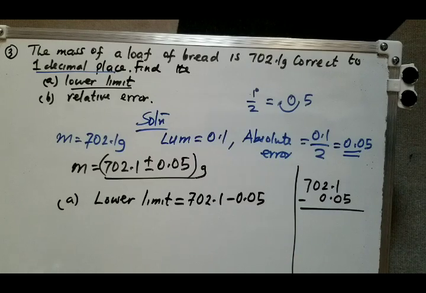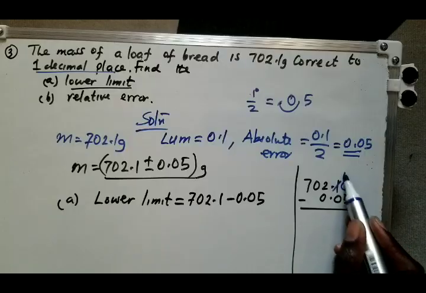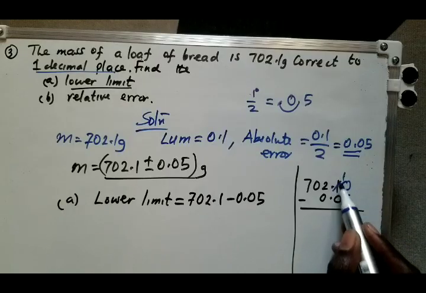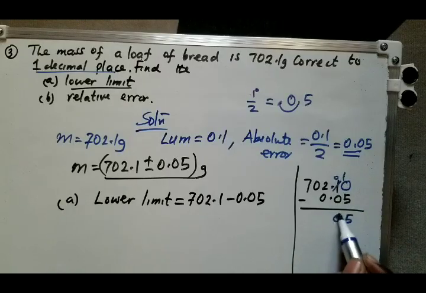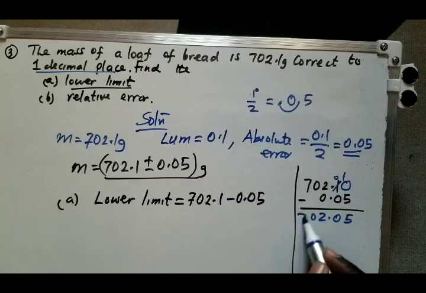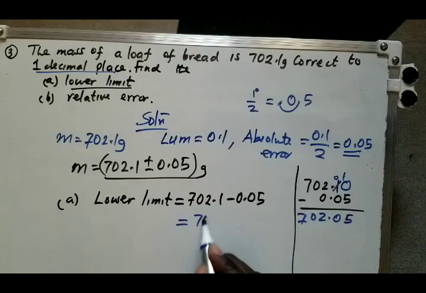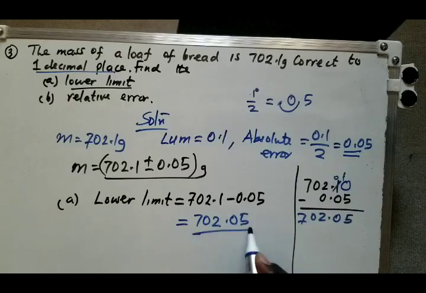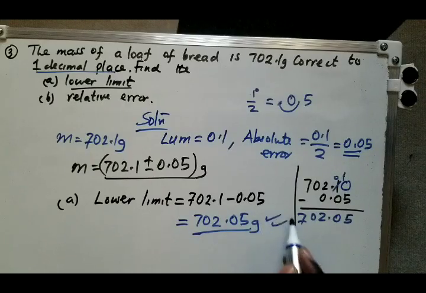You can deliberately add a 0 there. So 0, you can get 1 there. 10 minus 5 will give you 5. Here will remain 0 minus 0 is a 0. So the lower bound will be 702.05, and that is going to be in grams. So this is the lower bound that you needed to get.